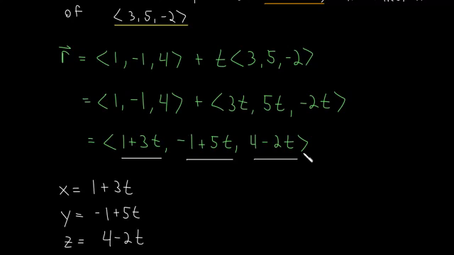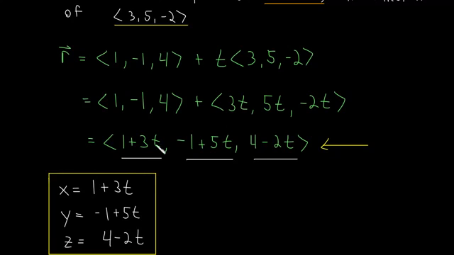So if you know the vector equation, like we know here, we can very easily convert that to the parametric equations, because we just take out the x component and write x equals this x component. And then we take out the y and write y equals the y component, and then we take out the z and write z equals the z component. So it's a very simple conversion.